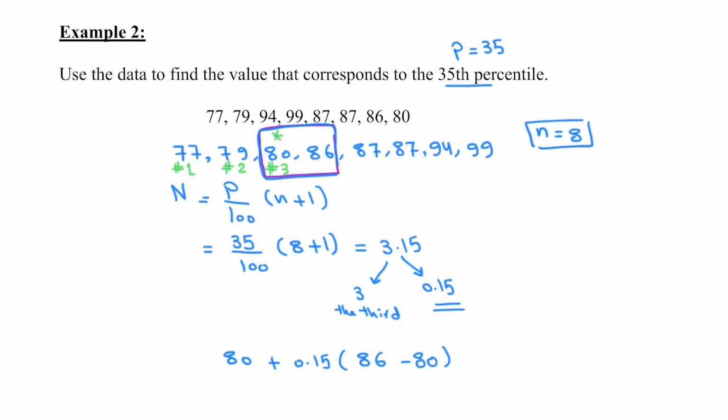So again, we add to the third value, which is 80, the multiplication between 0.15, which is the decimal part, and the difference between the fourth and the third value. The answer is 80.9. So this is the value that I'm looking for, which is 80.9.